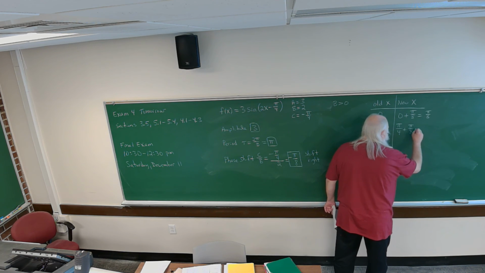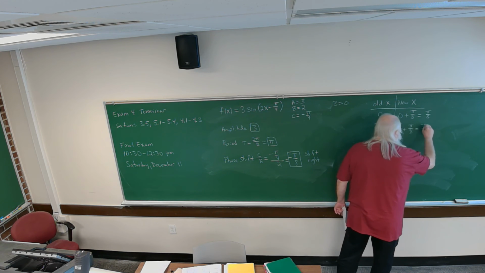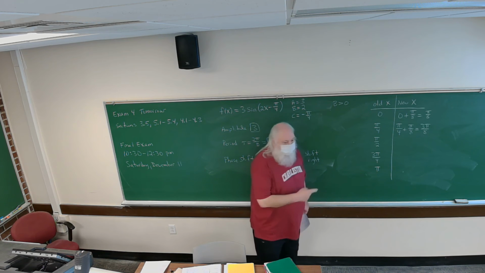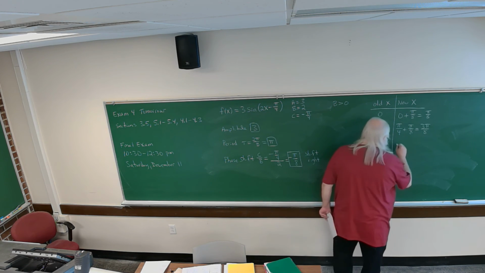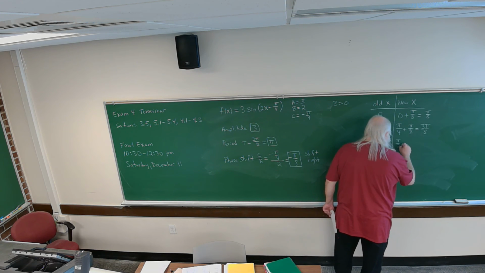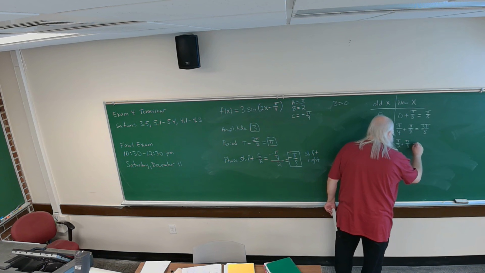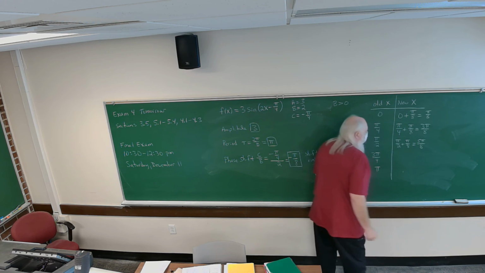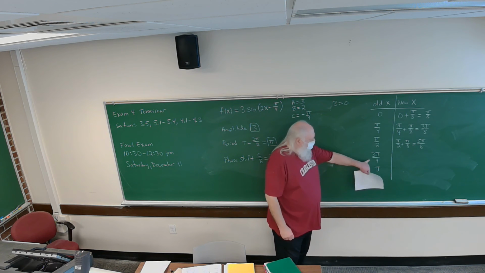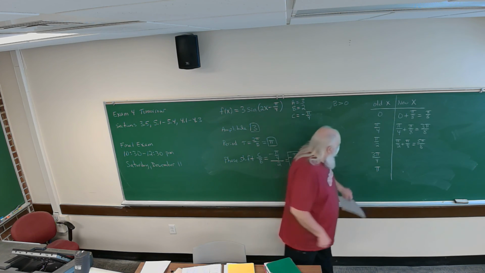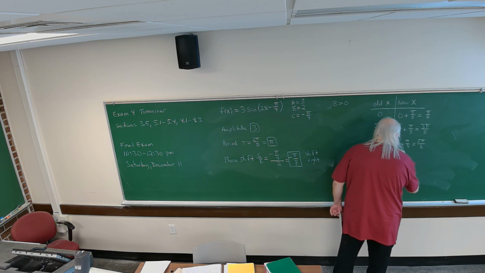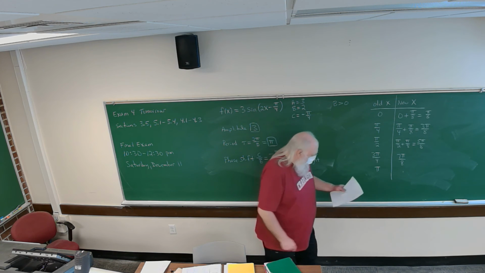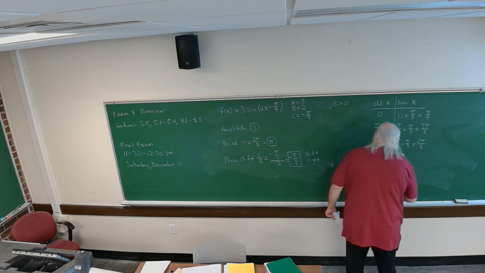You add pi over 8 to it, and you get 3 pi over 8. The third key point, an x coordinate pi over 2. You add pi over 8 to it, and you get 5 pi over 8. Okay? Then when you add pi over 8 to 3 pi over 4, you get 7 pi over 8. Then when you add pi over 8 to pi, you get 9 pi over 8.